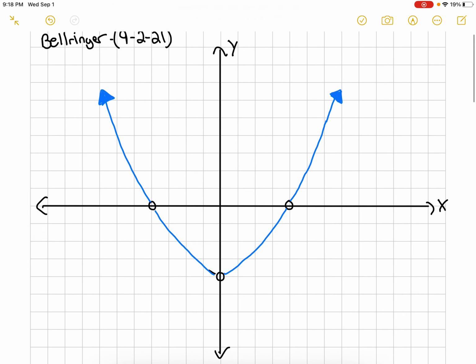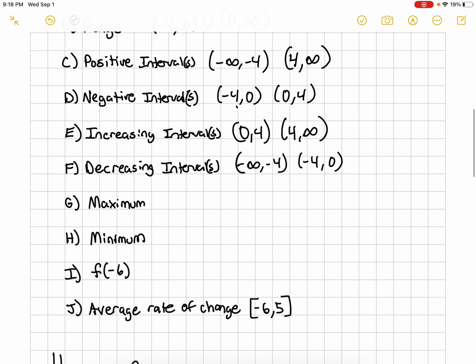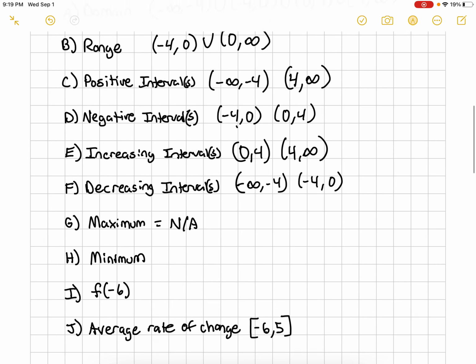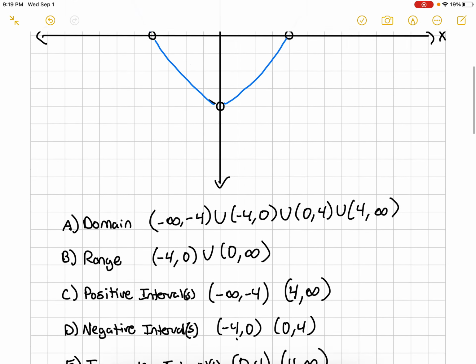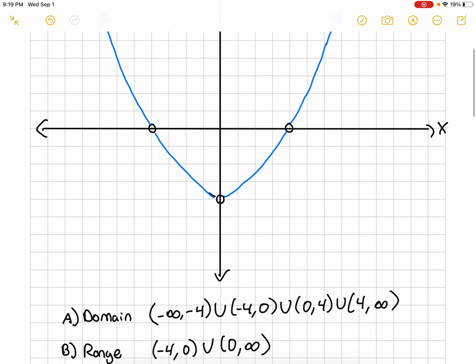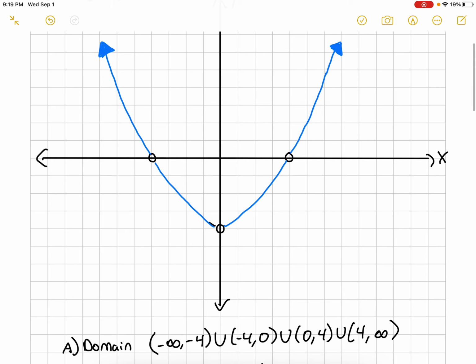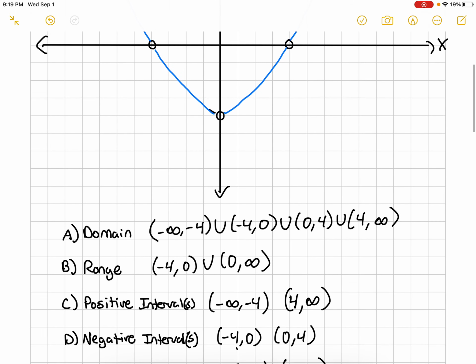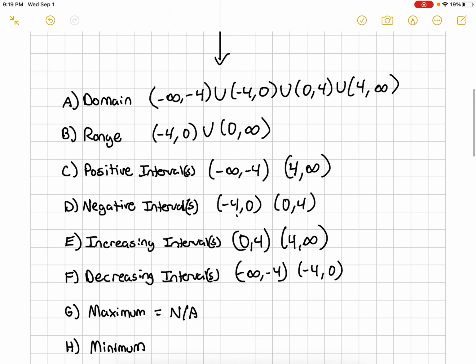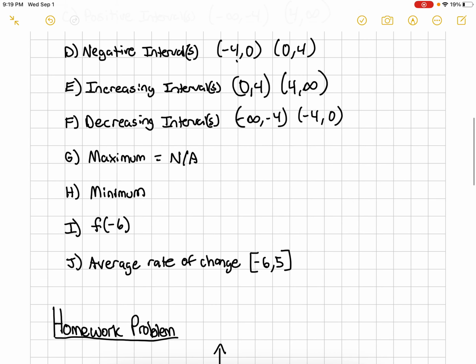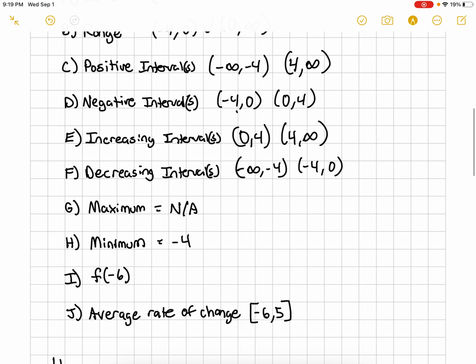And the answer is no, because of these two arrows, they keep going up. So there's no maximum, let's put NA, but there is a minimum y value. What is the lowest y value you see? We started at negative 4, so we'll just put negative 4.